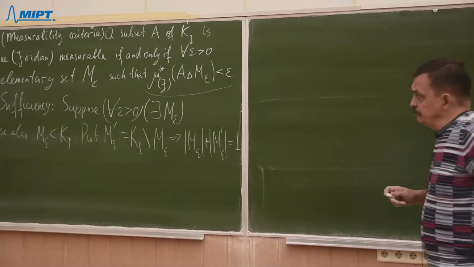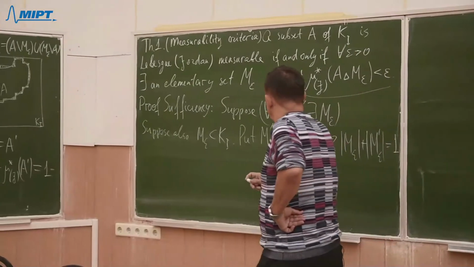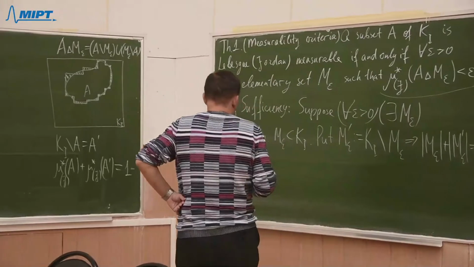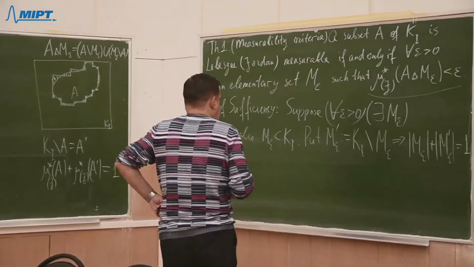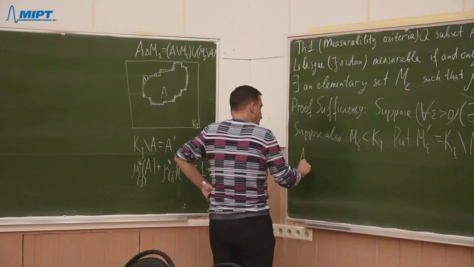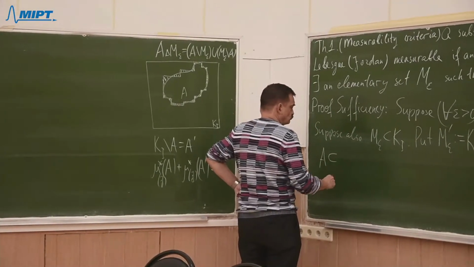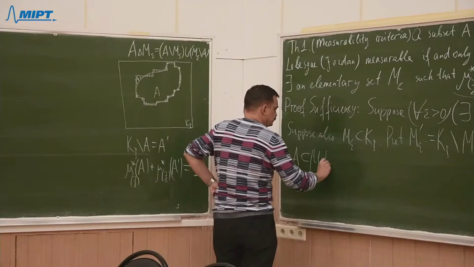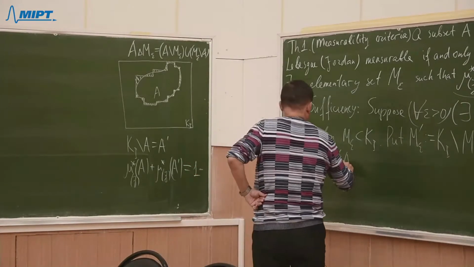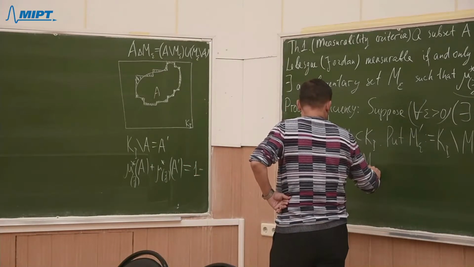And also, okay, so A is a subset of M epsilon together with A minus M epsilon.